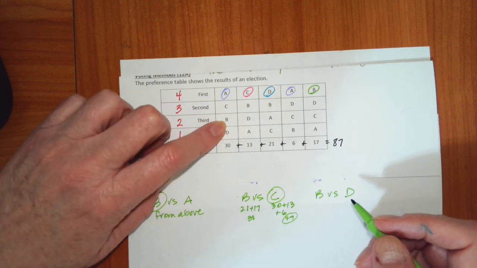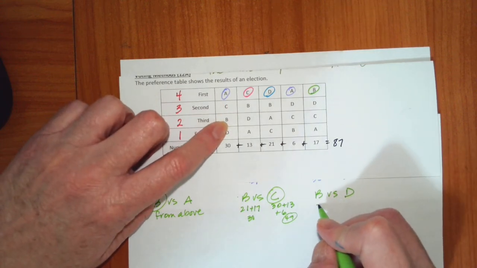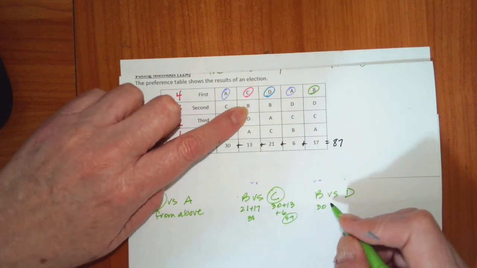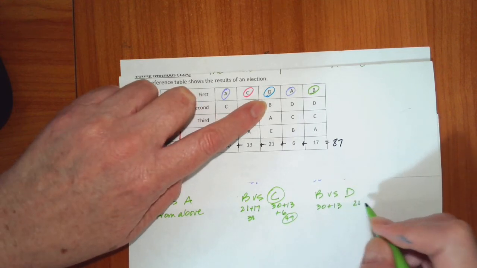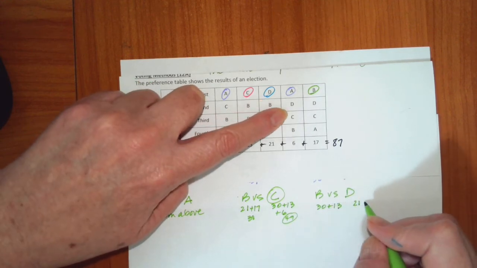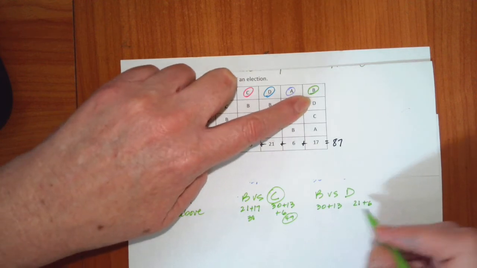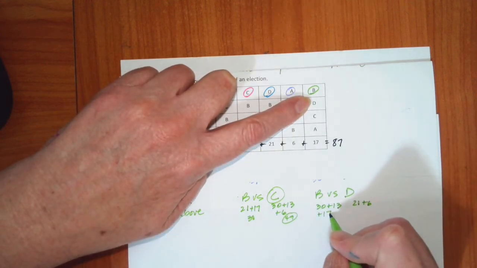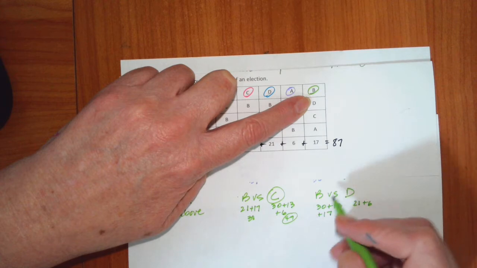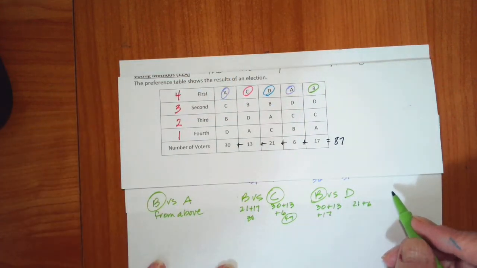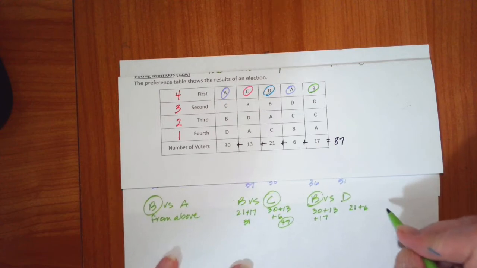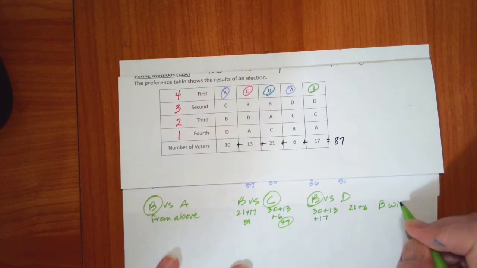B versus D, B gets the 30, B gets the 13, D gets the 21, D gets the 6, and B gets the 17. So without counting them up, I can see that B wins that contest. So out of the 3, B wins 2.